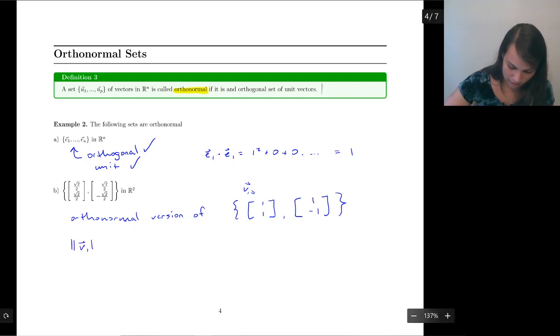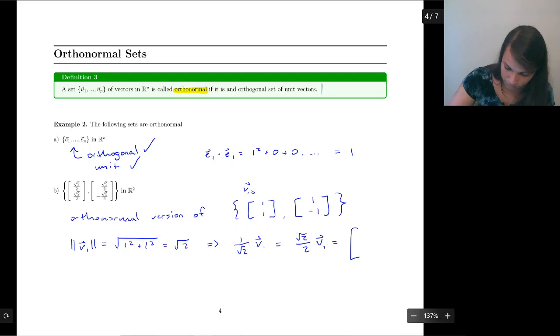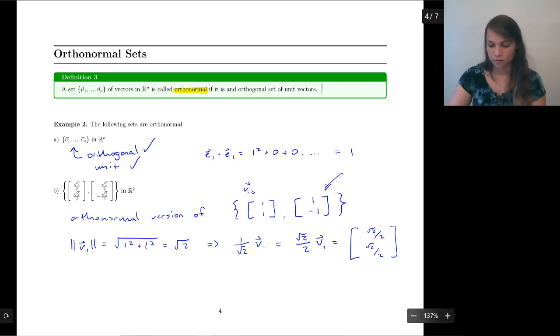So V1, if we find the length of that, that's going to be the square root of 1 squared plus 1 squared, root 2. So then 1 over root 2 times V1 is the same thing as root 2 over 2 times V1, which is going to be (root 2 over 2, root 2 over 2). And then obviously V2 over here is going to have the same length as V1, because when you square it, the negative goes away.